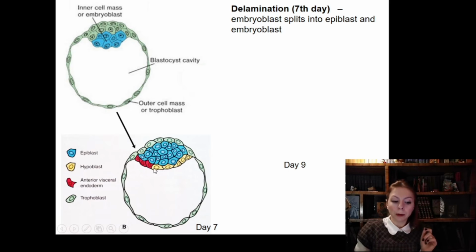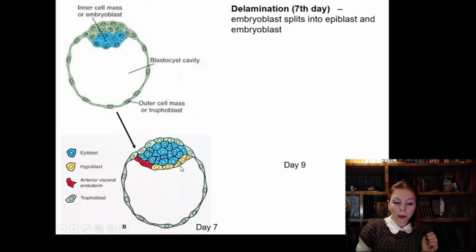Notice that among the hypoblast, some cells are specified into anterior visceral endoderm. So the future cranial, or the future head region of the embryo, is already determined here during the moment of implantation.